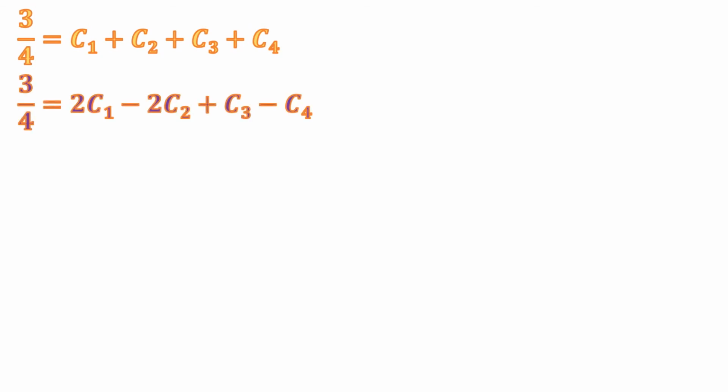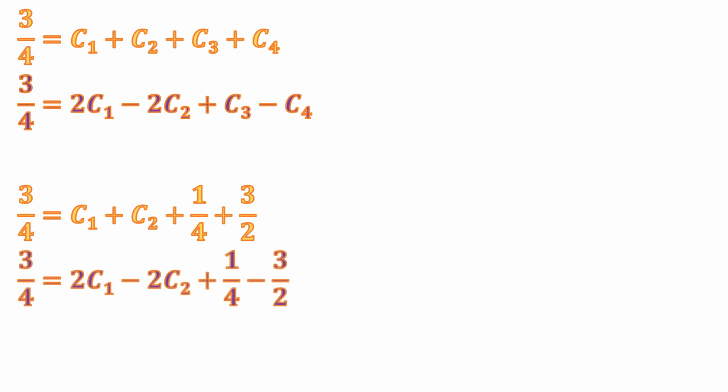So next we're gonna pair the yellow equation and the violet, because they contain C1 and C2 where C2 has opposite signs. And C3 and C4 don't matter because we are just going to substitute them since we already know the values of C3 and C4. So let us substitute. C3 is 1/4 and C4 is 3/2.